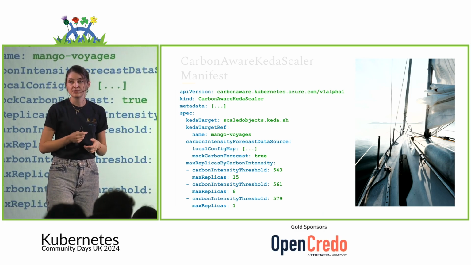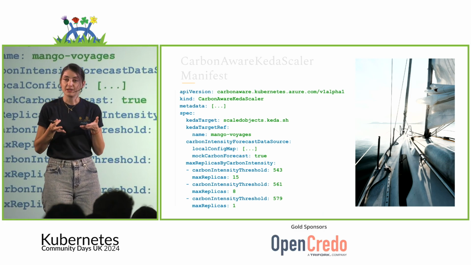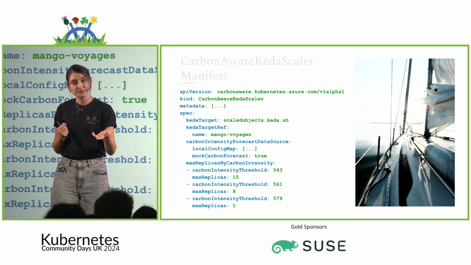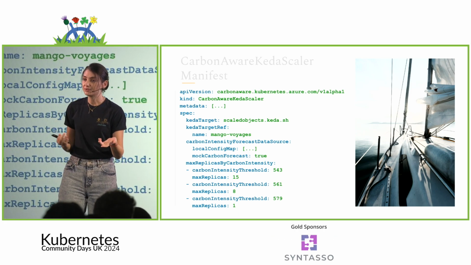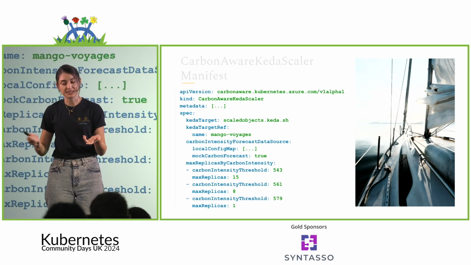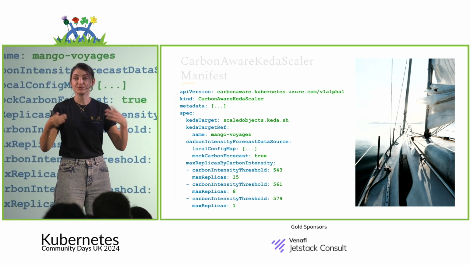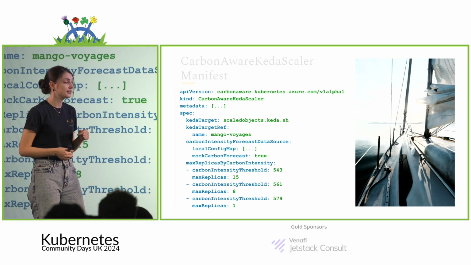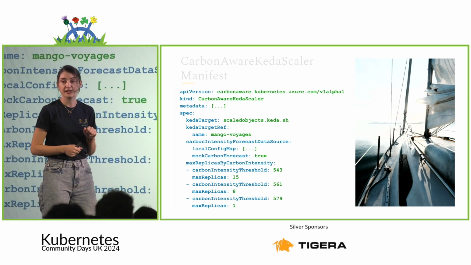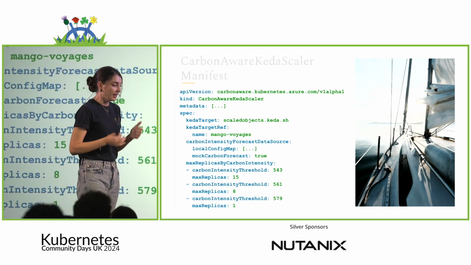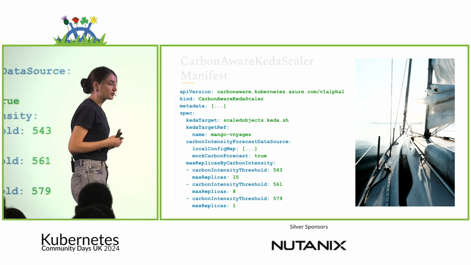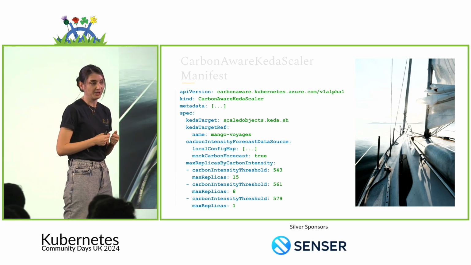And there are two main ways to do so. The first one is to plug directly into the grid and get this coefficient in real time. Some of the providers that allow this functionality are WattTime and Electricity Map. The second way is to use mock data, which I'm actually doing in this particular case. As such, my mock carbon forecast value is going to be set to true. And finally, towards the end, I would like to describe the behavior of how I would like to scale my application.